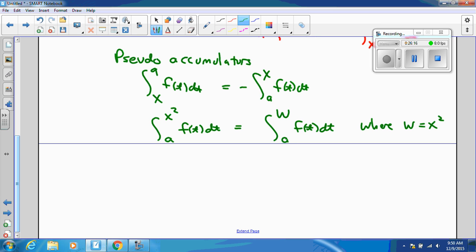So this is really a compound function. It is a function of x squared rather than a function of x. Yeah, exactly, that's right. I've got an accumulator times -1. I've got an accumulator with the substitution.